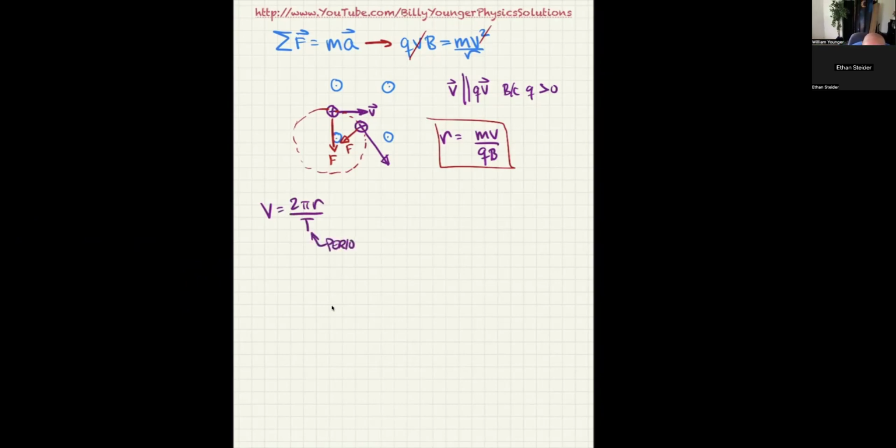So if we plug that in, we could say r is equal to m times 2 pi r over q times B times T. You can immediately see that the r cancels out, and you could ultimately get that T is equal to 2 pi m over qB.